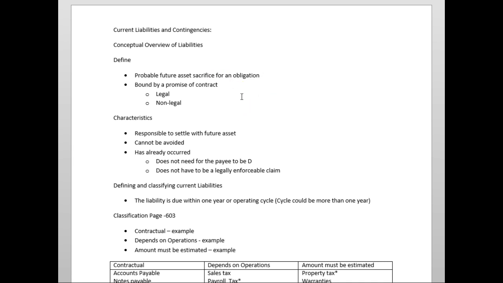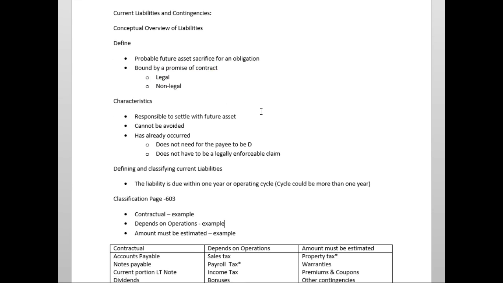The second definition is it's usually bound by a promise of contract. That contract can be legal or it can be non-legal. And by this we mean it can be accounts payable, something that is legal and binding, or it could be something like a compensated absence, which is non-legal. There's no formal legal right to that. So we'll look at those two.